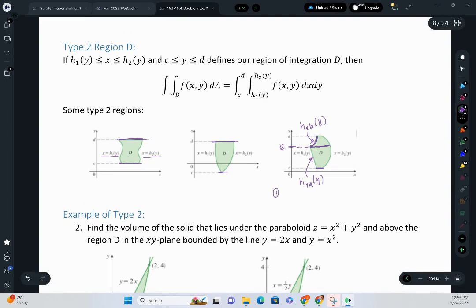The first one will have bounds where x is going from h1a of y up to h2 of y, while y is going from C up to E. The second integral will be x is going from h1b of y up to h2 of y, while y is going from E up to D. And so we would have to look at a sum of integrals in order to handle this situation.